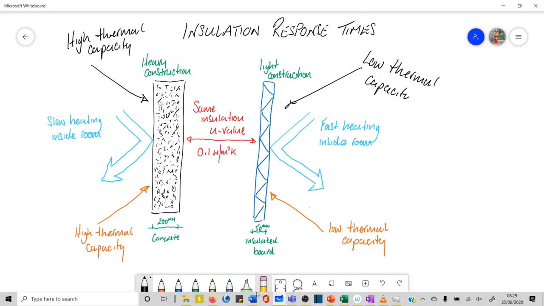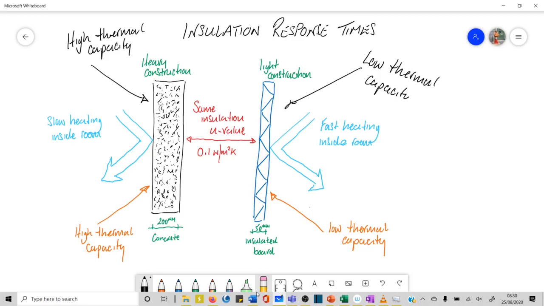So you may have a living room on the right hand side of this wall, and you might have a dining room on the second side. Well, the two rooms are going to heat up fairly quickly, even though the insulation value is the same for both examples. Obviously, for domestic internal construction, we want fast heating inside the room.